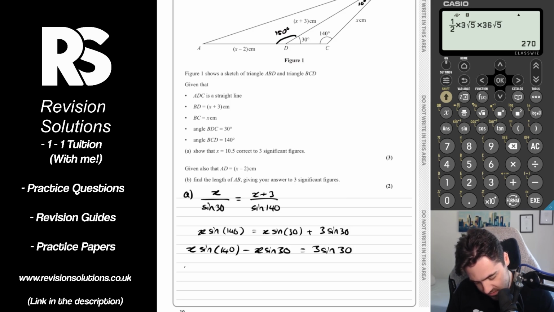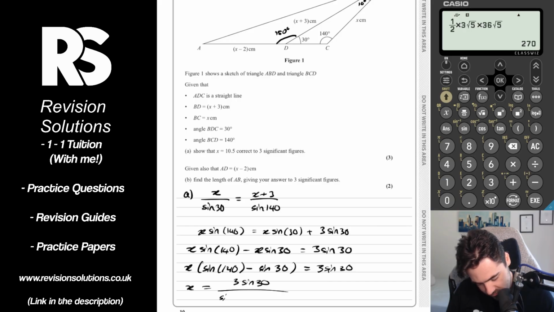Then we can factorize, so x open bracket sine of 140 minus sine 30 equals 3 sine 30. And then we can divide. We'd have 3 sine 30 all over sine 140 minus sine 30.